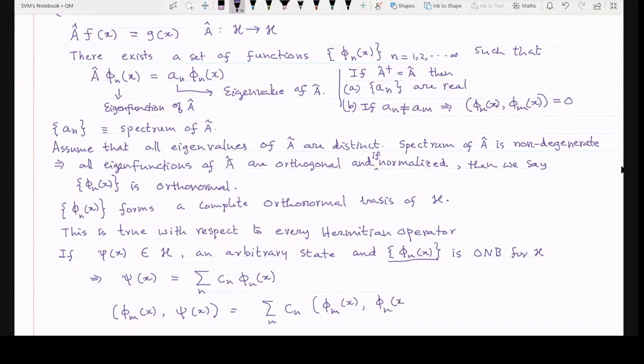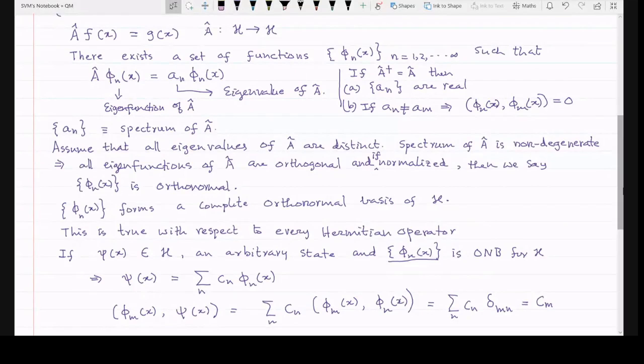Since the phi's are orthogonal, this is the sum over n of Cn times delta mn. Only when m equals n does this summation survive, and that value is Cn.